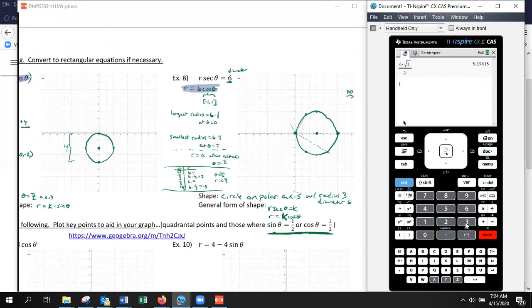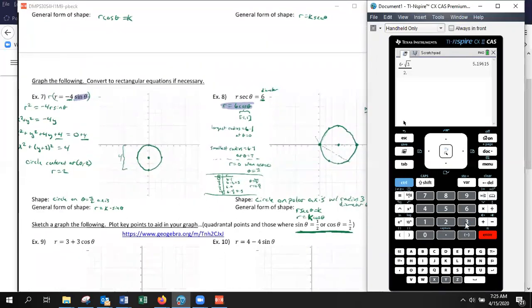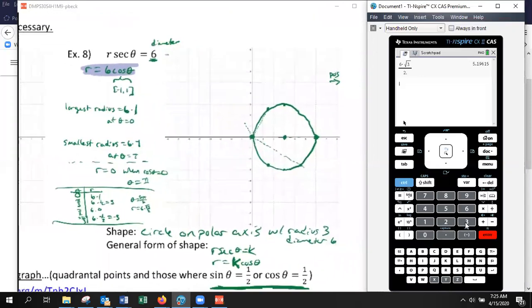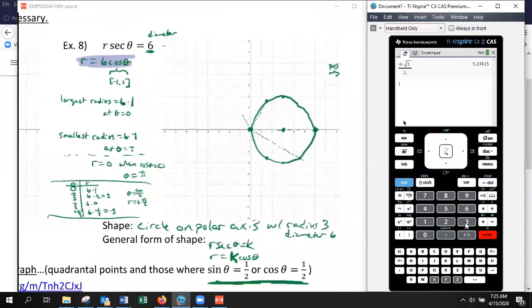Now, this is where, if we're in the classroom, I would highlight this a little bit more. What's the difference between these two graphs? If you notice, cosine of theta has a domain of all real numbers. So our graph that we have here is accurate, but secant does not have the domain of all real numbers. What is the secant of pi over 2?